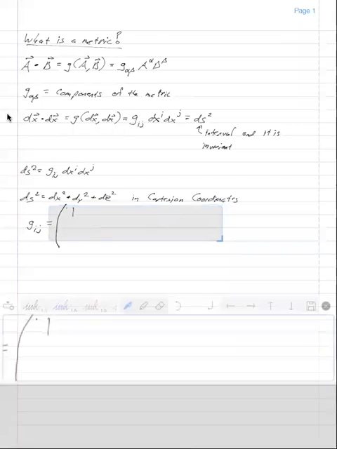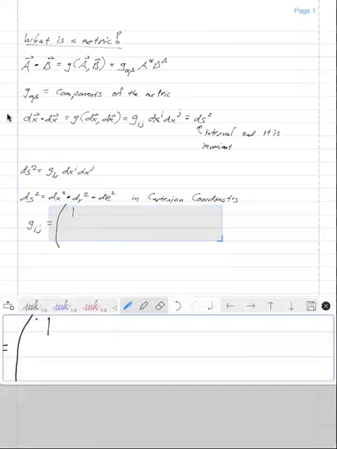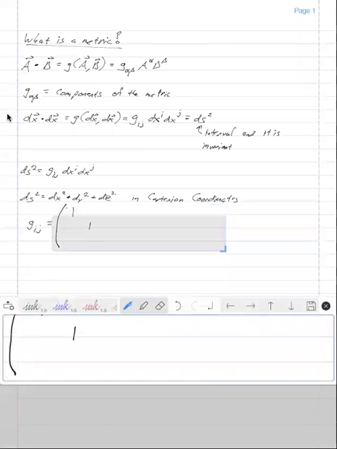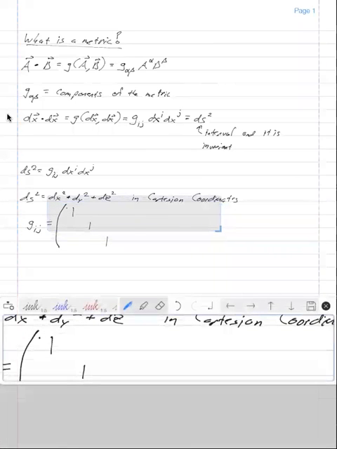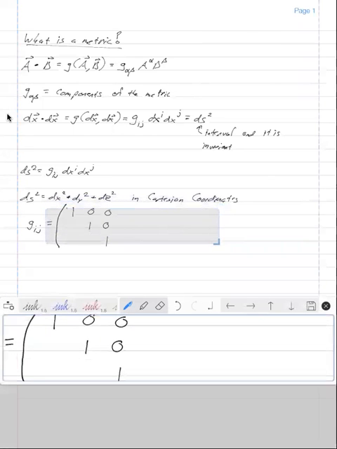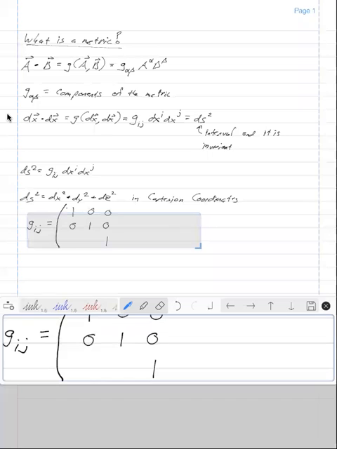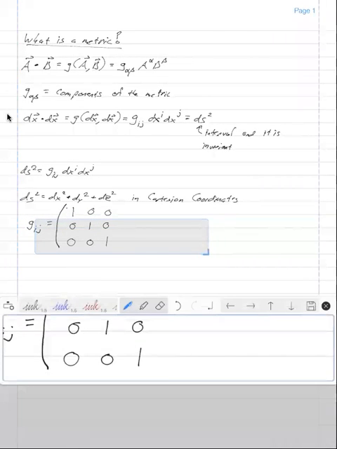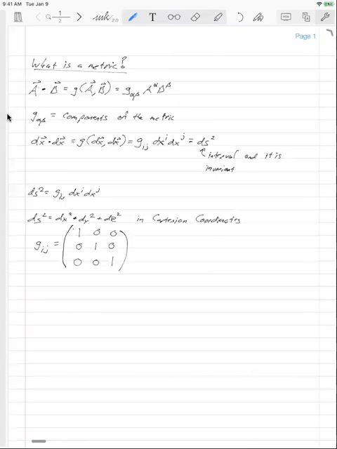When i and j are equal to 2, then once again, we have 1 in front of dy squared. And when i and j are equal to 3, we have 1 in front of dz squared. And there are zeros otherwise, because there are no cross terms in this. So this is the metric.